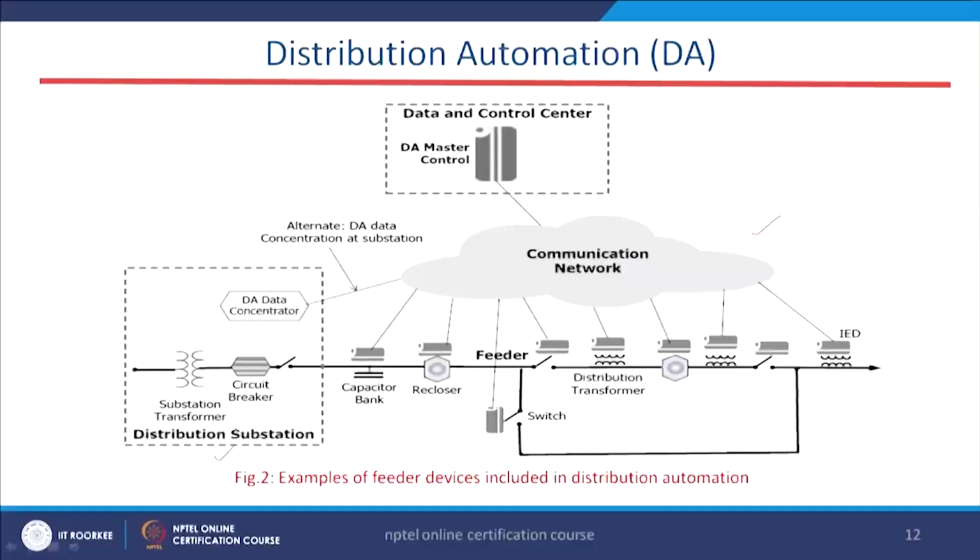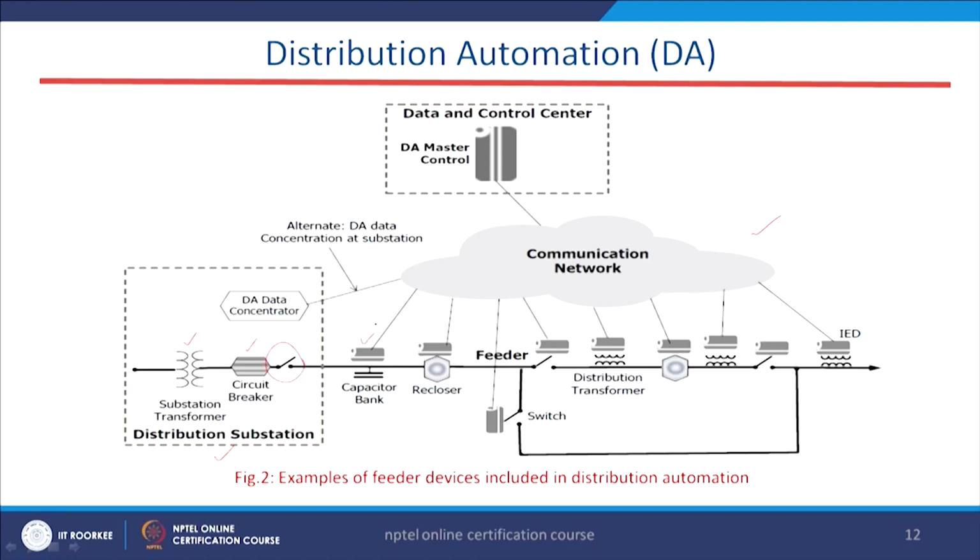This is the architecture, or the layout, of a distribution automation system. Here you can see this is my distribution substation, this is our transformer, this is the circuit breaker, this is one switch, and we have the capacitor bank.